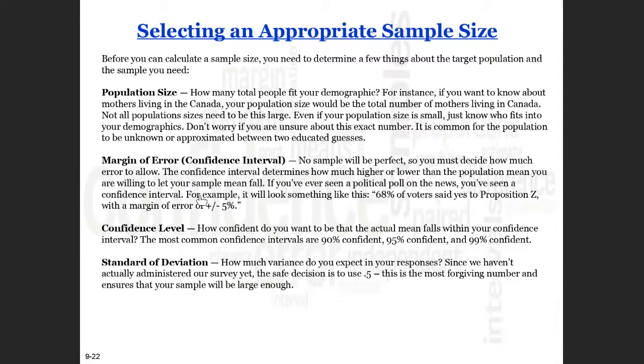For example, it will look like 68% of the voters said yes to Proposition Z with a margin of error of plus or minus 5%. That's your 95% confidence interval. We talked a little bit about this, okay? You don't want to go below 95%, and why is that? Can anyone tell me why you don't want to go below a 95% confidence interval? We talked about it.